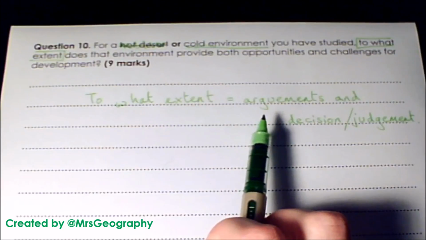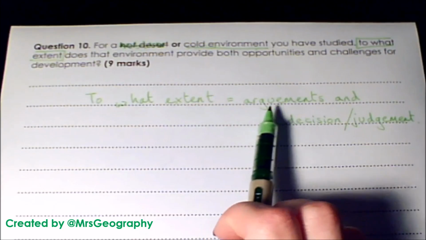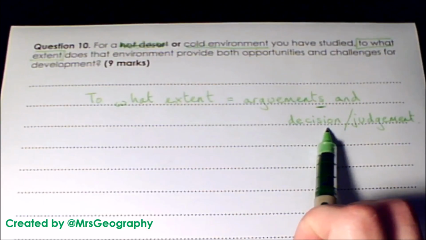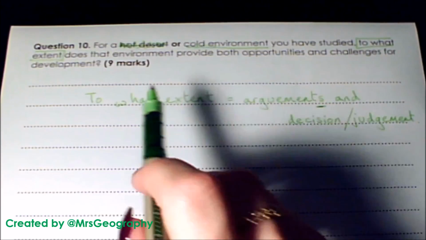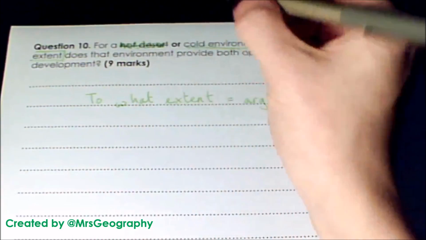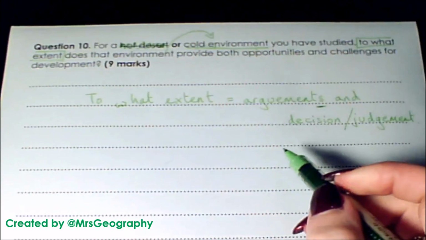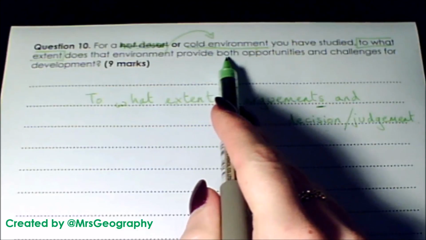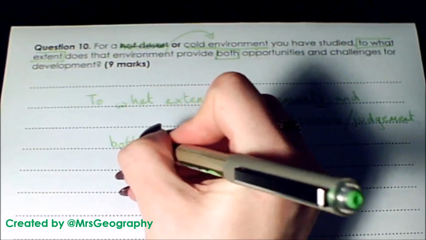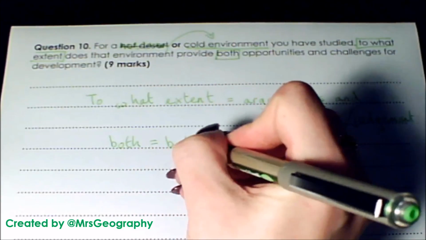So in this question, you must make an argument or provide a range of arguments, so more than one, and make a decision or a judgment. So to what extent does the environment, so remember we're talking about the cold environment, provide both? So think both means you've got to give a balanced answer.